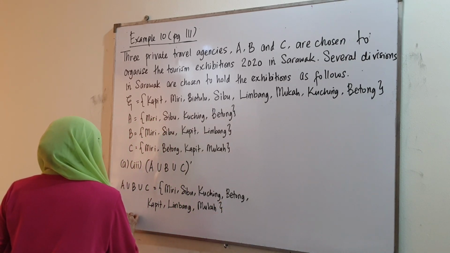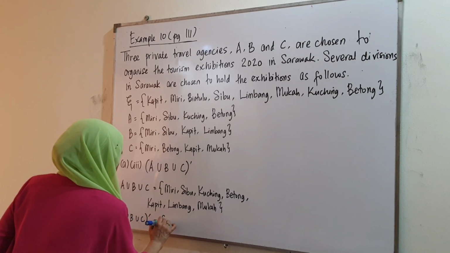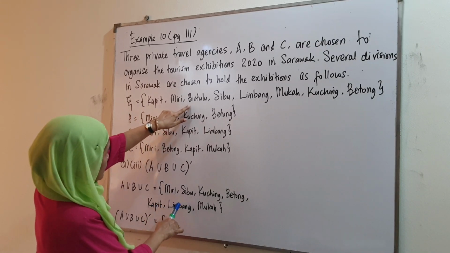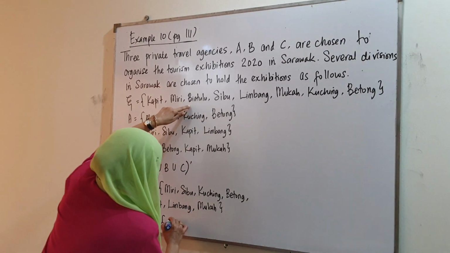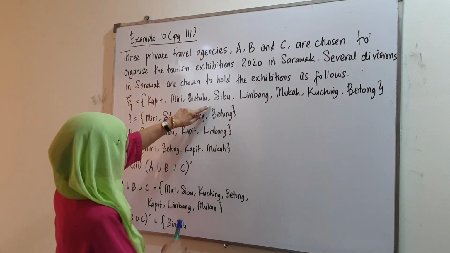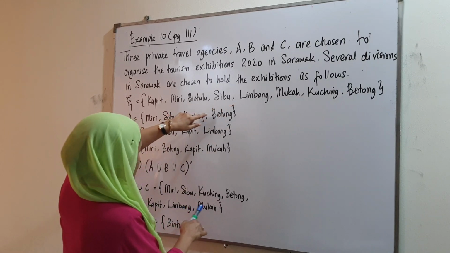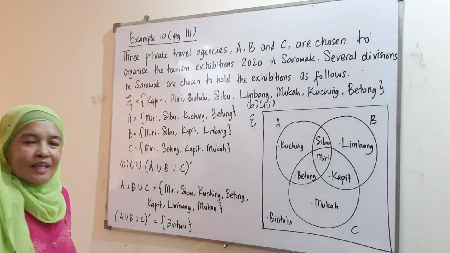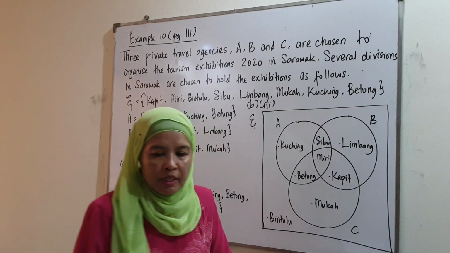So A union B union C complement equals the universal set. Kapit, yes. Miri has, Bintulu doesn't have, so Bintulu. Sibu has, Limbang has, Muka has, Kuching has, Betong has. So A union B union C complement is Bintulu.